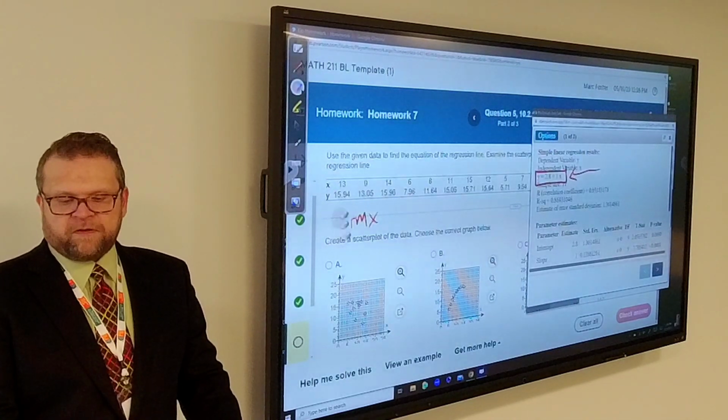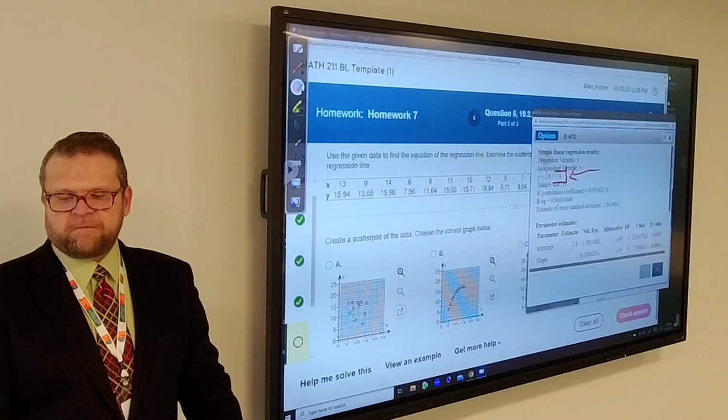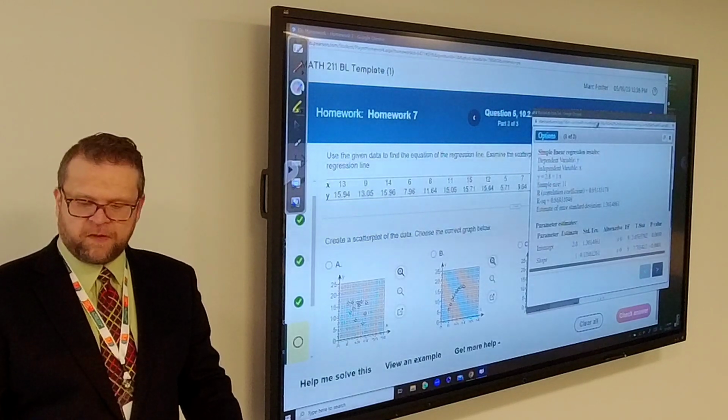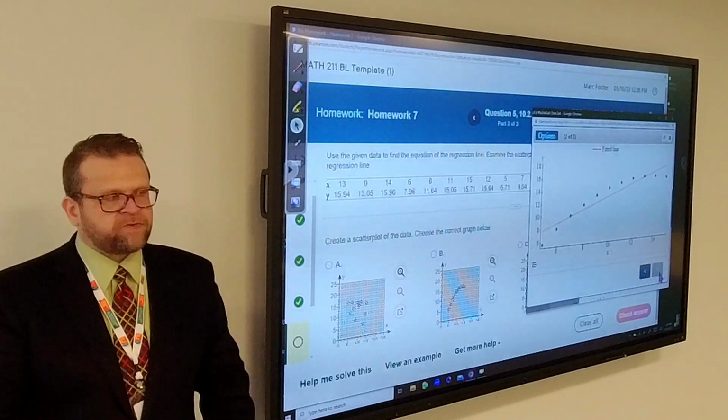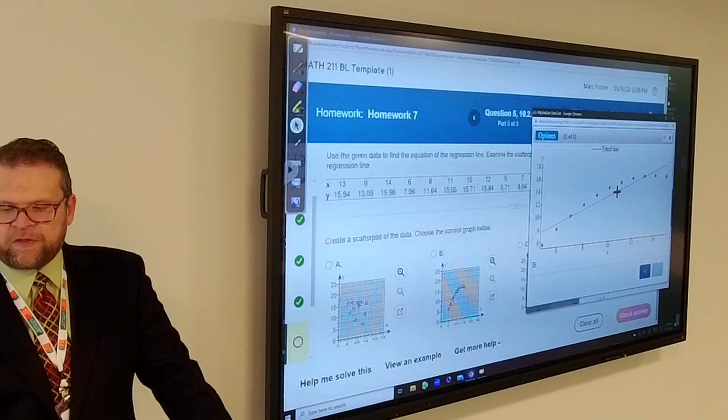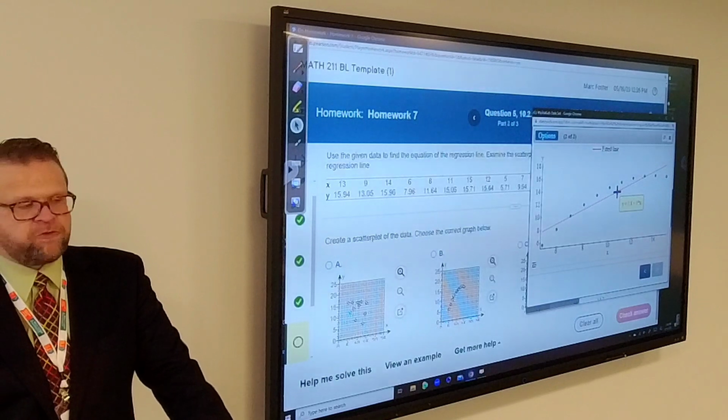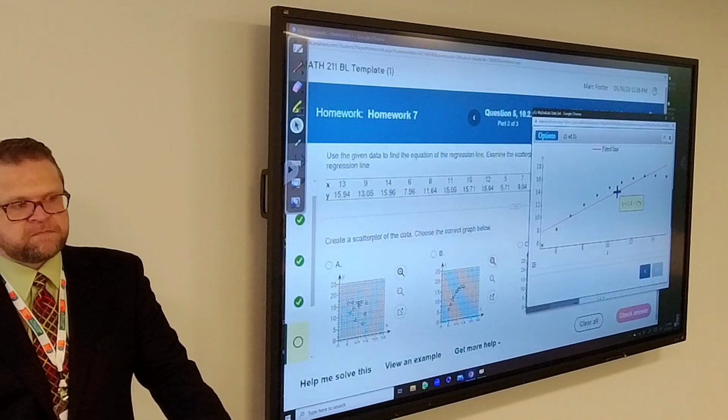Okay, so I've given them the equation of the line. You can also get the equation of the line off of this graph because you can hover over that line and it'll show it to you in a little box.